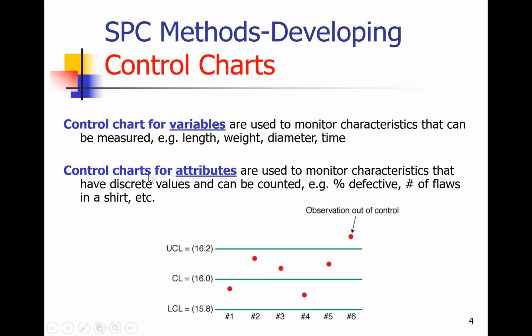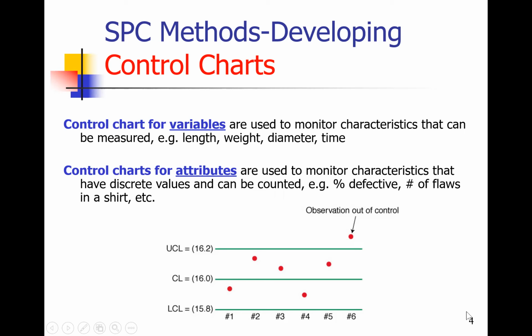You can use control charts for attributes. Attributes are used to monitor characteristics that have discrete values, 1, 2, 3, etc., and can be counted. For example, percentage of defect.